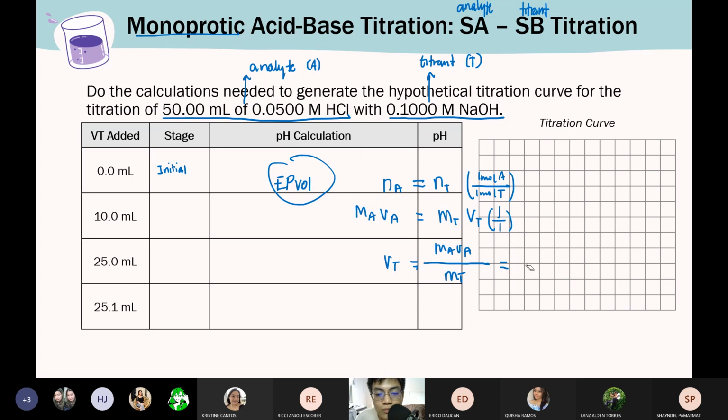Let's solve for the volume of titrant at equivalence point, or VT at equivalence point. I call it VTEP, I remembered now. Last year I called it VTEP, volume of titrant at equivalence point.